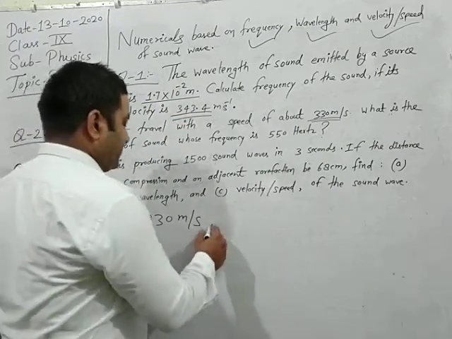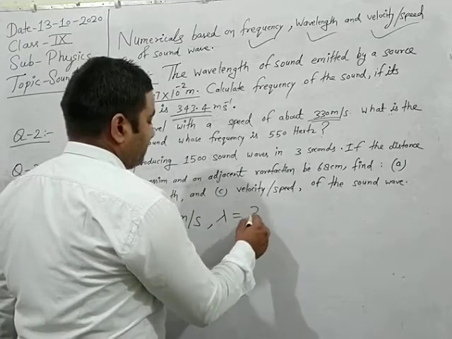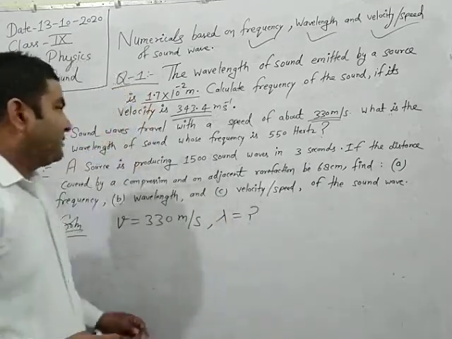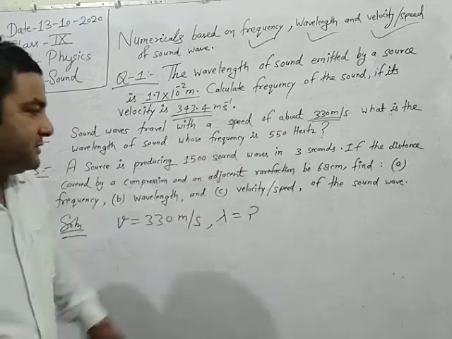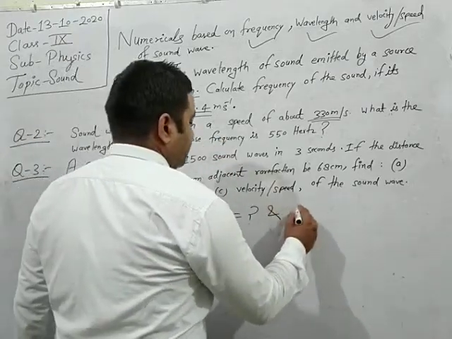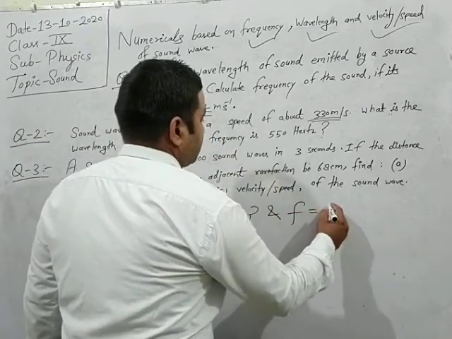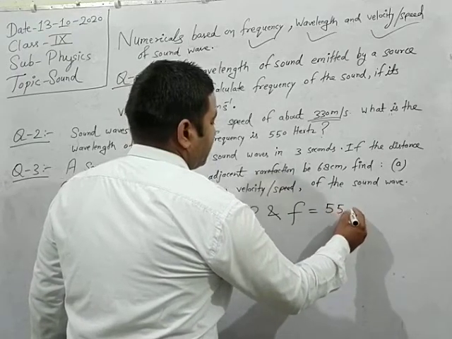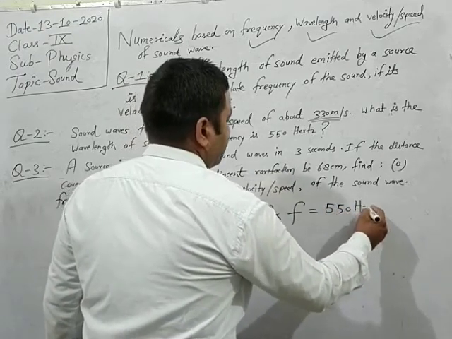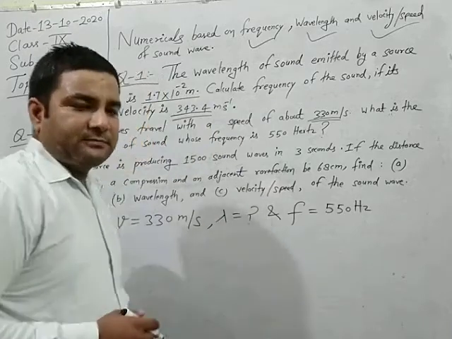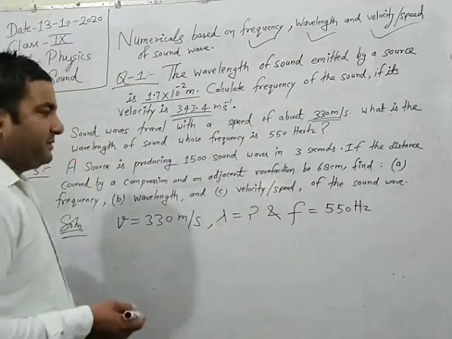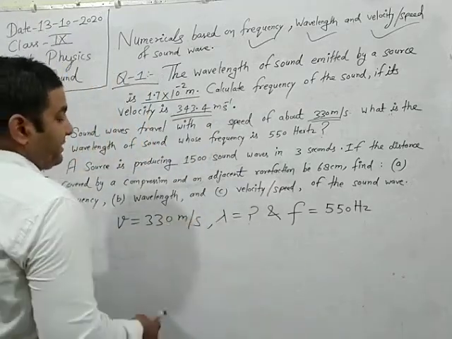It means we have to calculate lambda, whose frequency is also given. f is equal to 550 hertz. And hertz means per second. Either hertz or per second, both have the same meaning. So we have to calculate lambda.